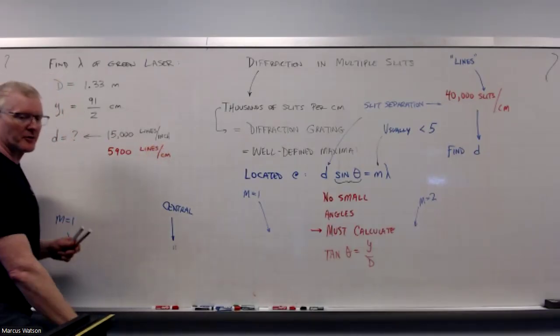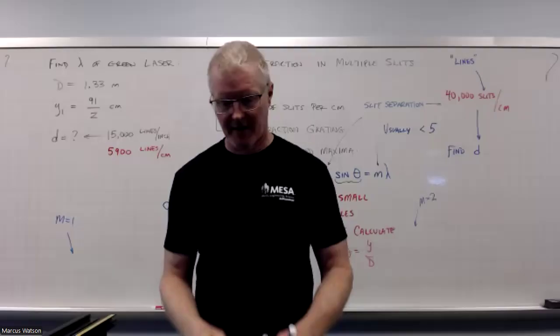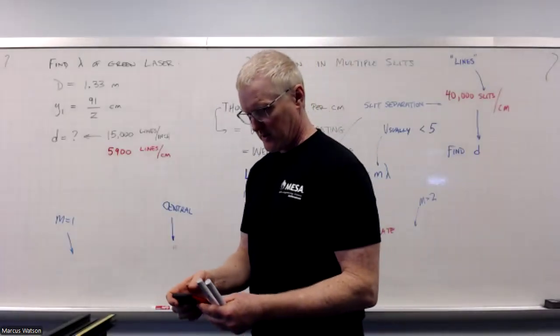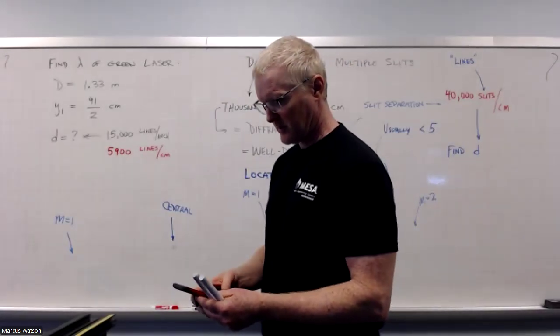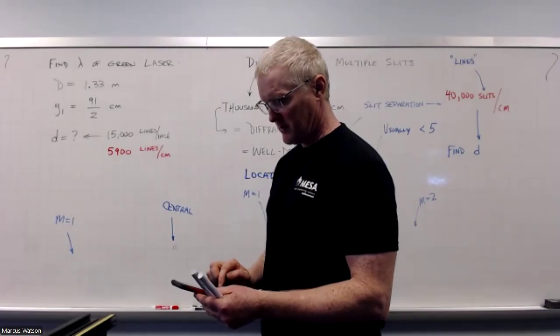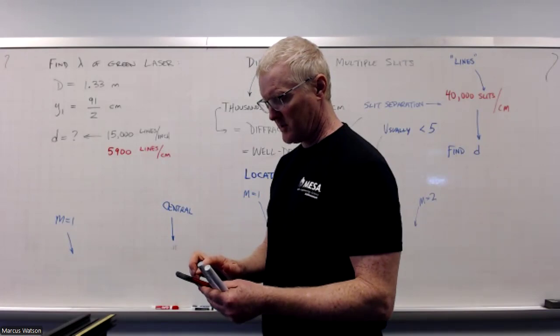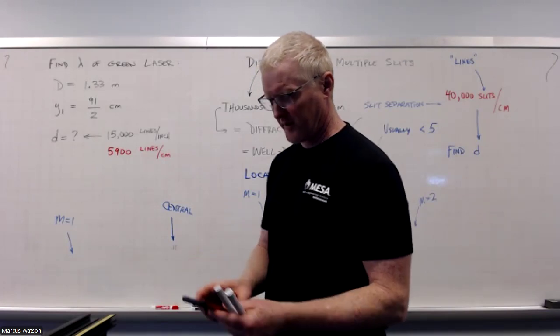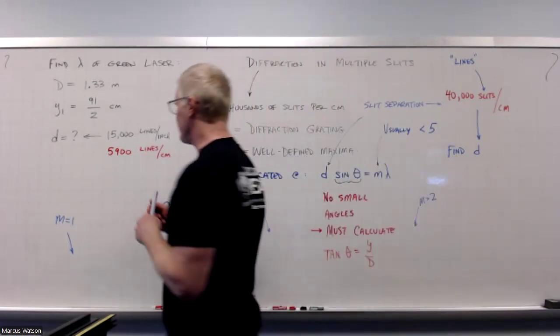So I would need to invert that number to find my little d. And so that looks like 1.7 times 10 to the minus 4 centimeters.